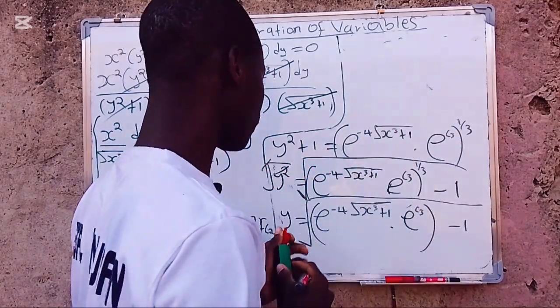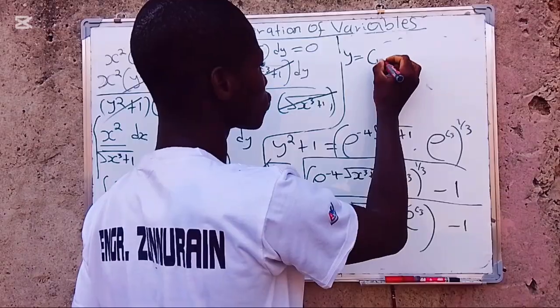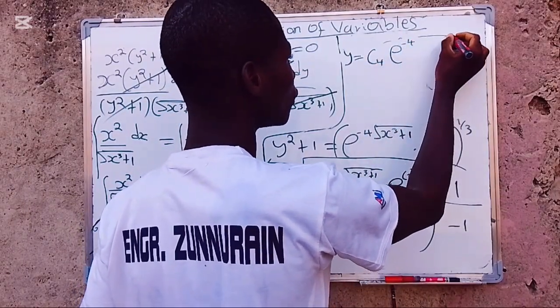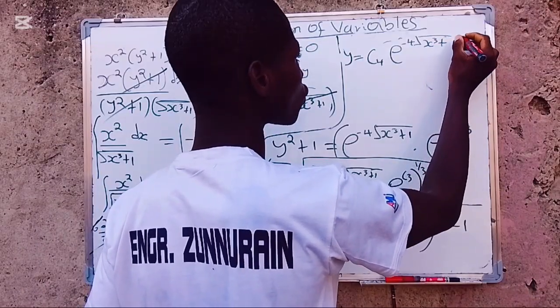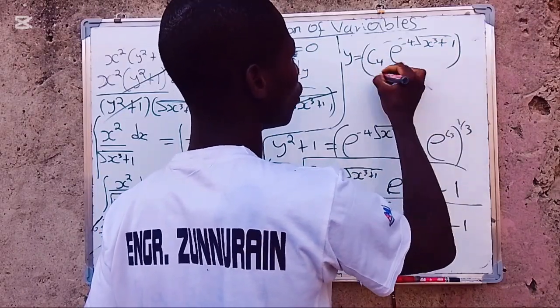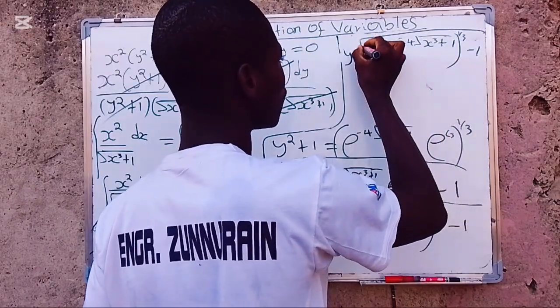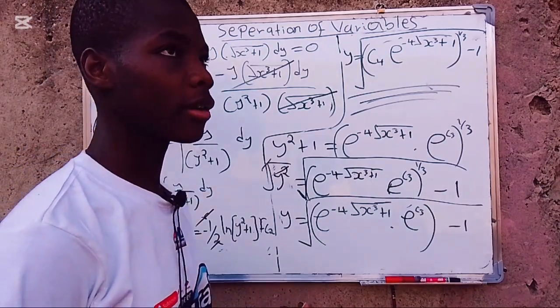So therefore the general solution, y shall now be equal to c4 multiplied by e to the 4 into the root of x cube plus 1, all in 1 over 3, and therefore minus 1. So therefore this is the general solution for this separation of variables.